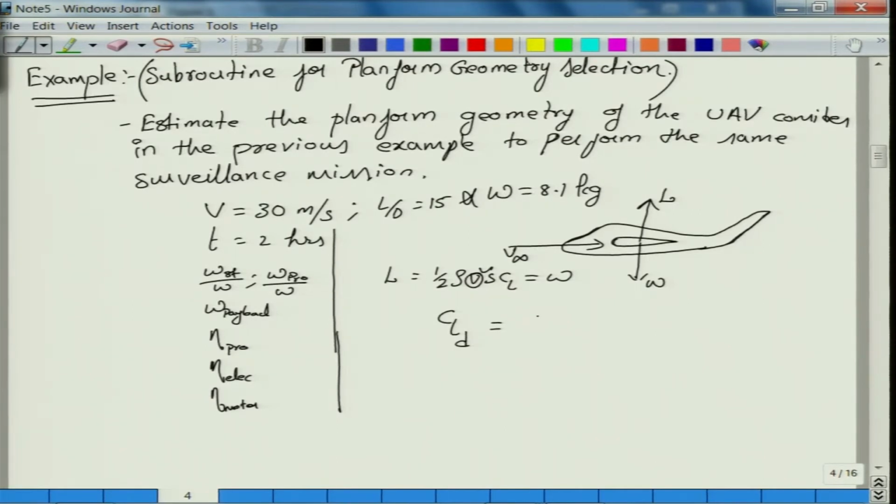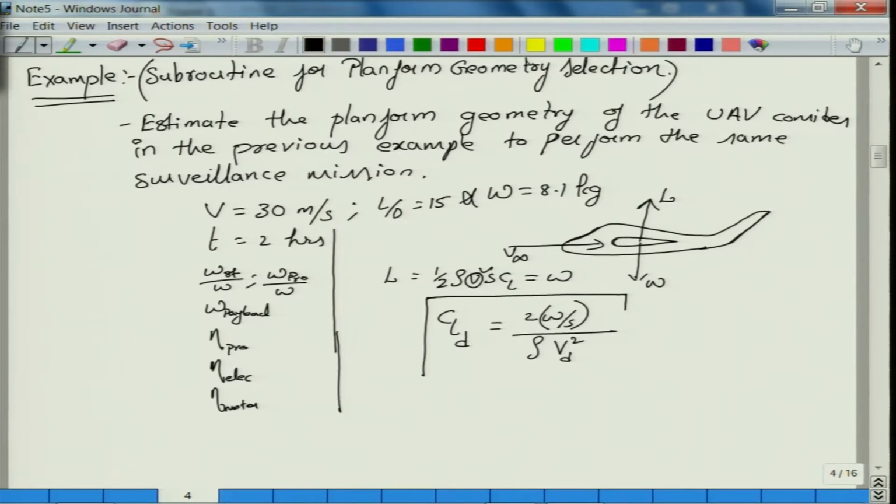So, the design CL depends upon twice the wing loading divided by rho v square, where v design is 30 meters per second. So, CL design is 2 times W by S upon rho v d square, right.